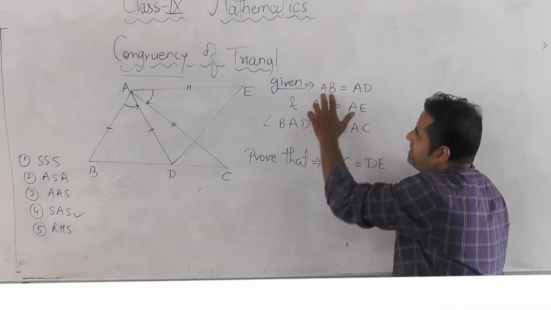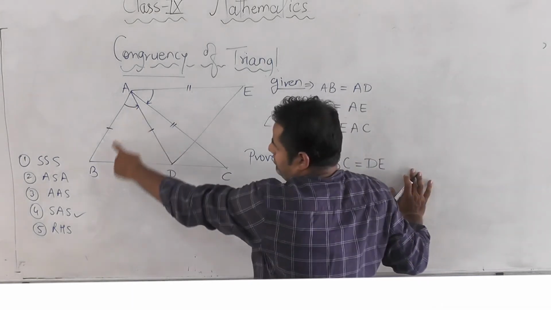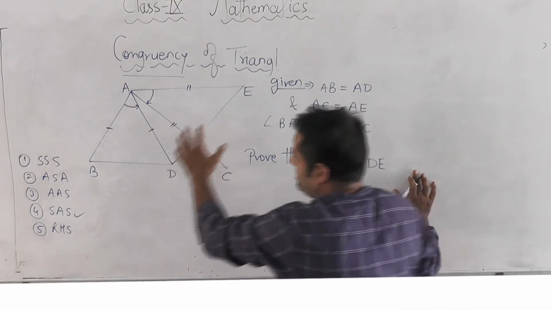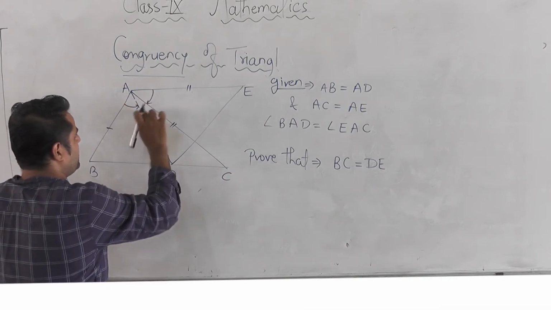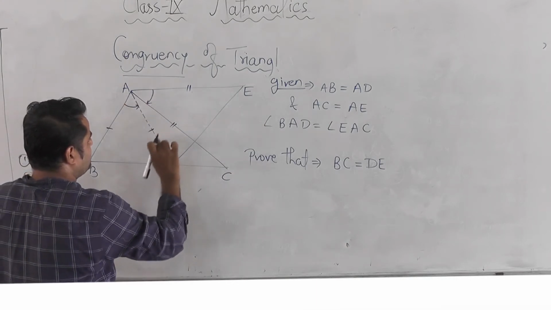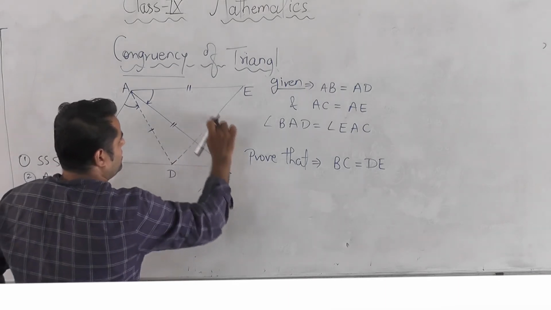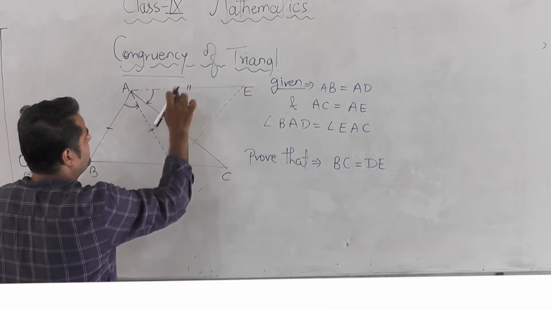So ABC triangle and ADE triangle we need to compare. Okay, just assume them as separate. I am going to draw one as a dash so that you can find the difference between these two triangles. This visualization helps you to understand the question better.